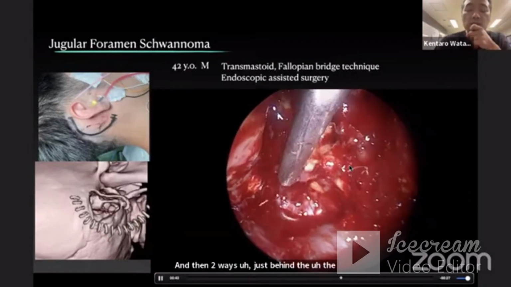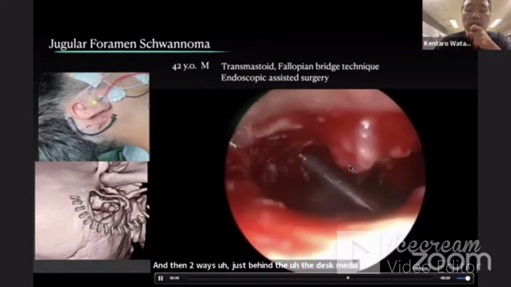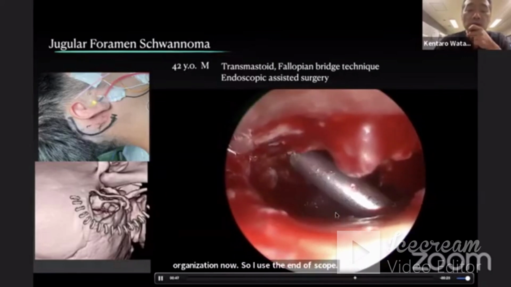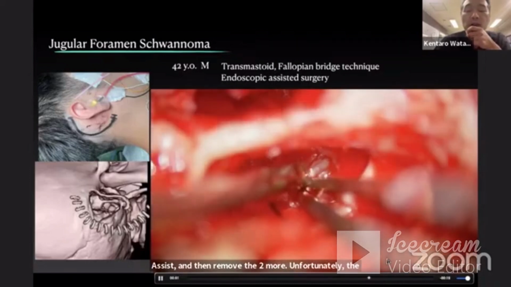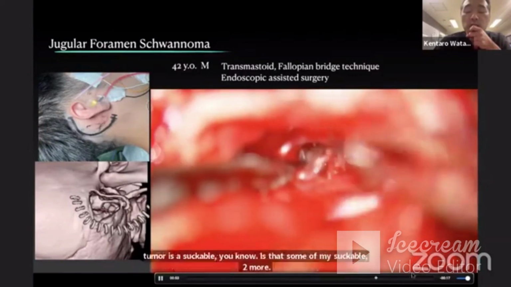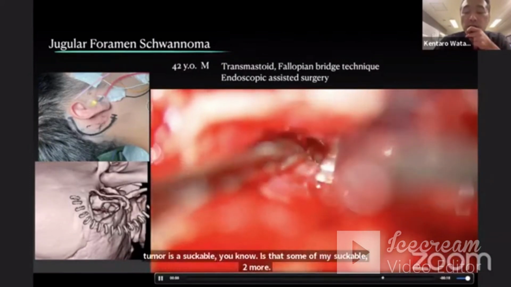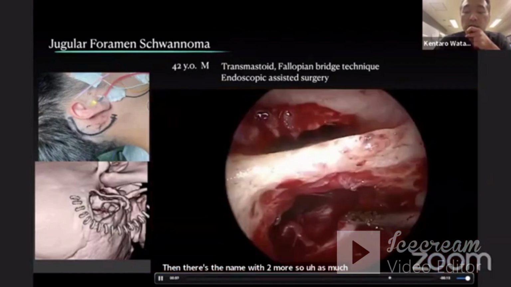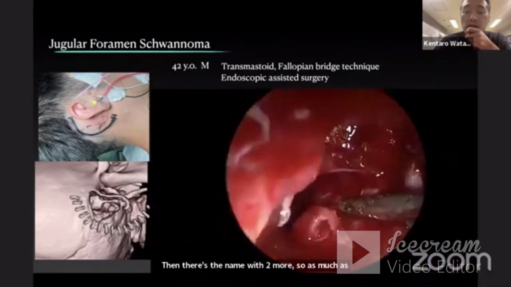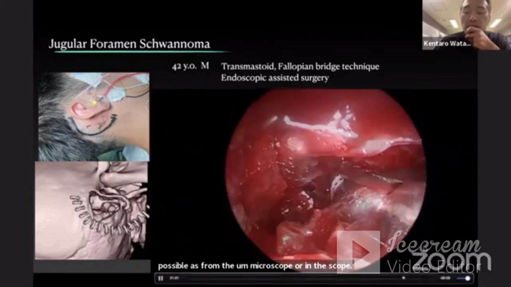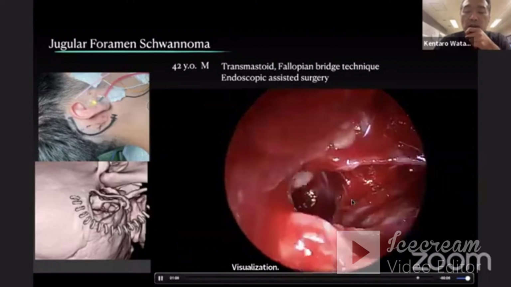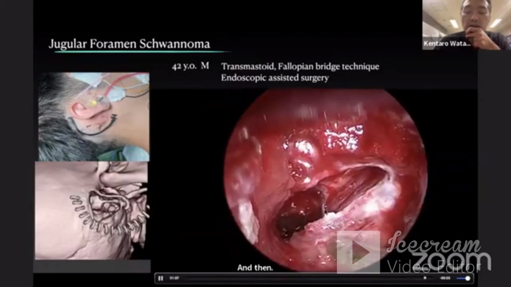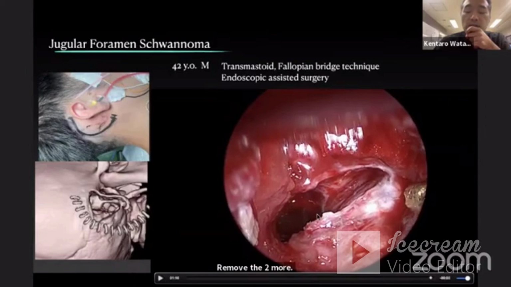So I used endoscope assist and then removed the tumor. Fortunately, the tumor is suckable. A schwannoma is a suckable tumor. Then we remove the tumor as much as possible under microscope or endoscope-assisted visualization. And here is the jugular foramen lesion.